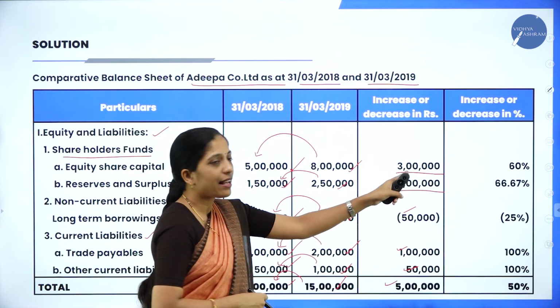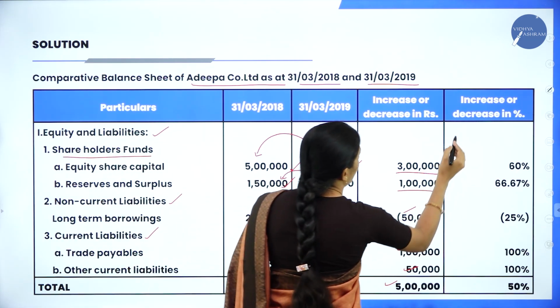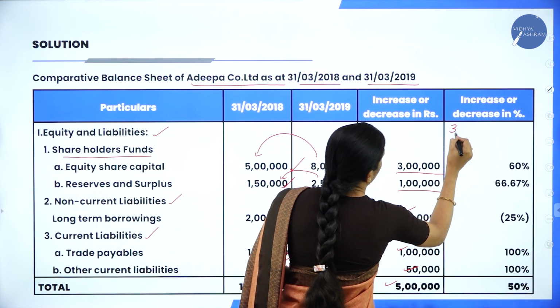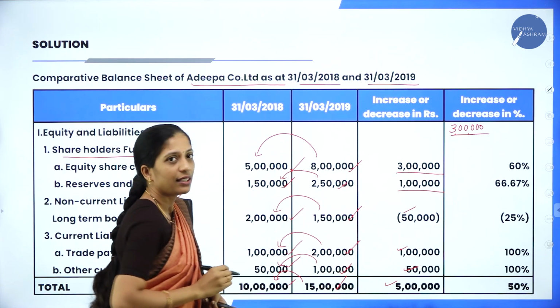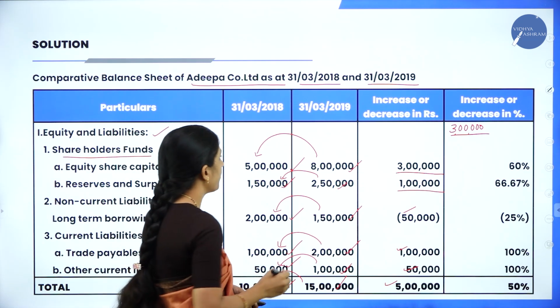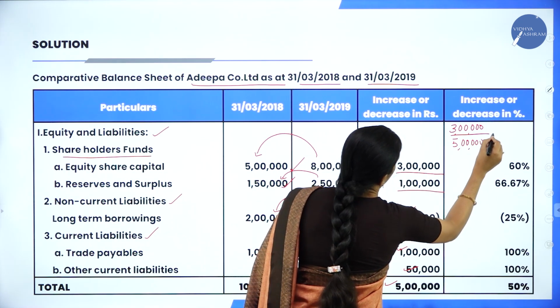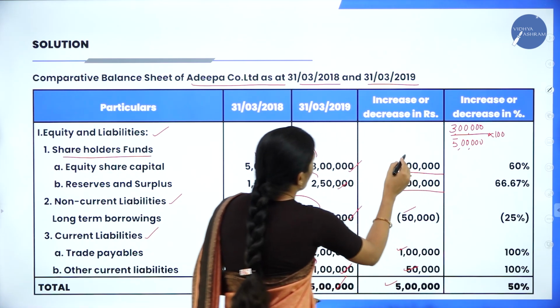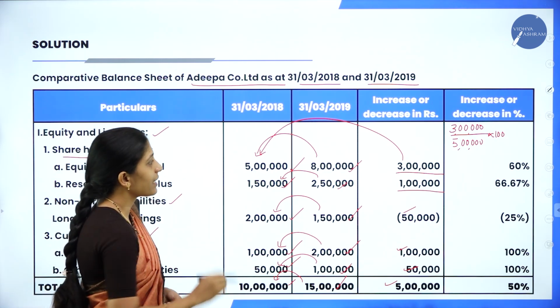Now come to the last column, increase or decrease in percentage. How do you get the 60%? This third column, 3 lakh, divided by this column, that is your second column or first column. So, 3 lakh divided by 5 lakh into 100. So this divided by this into 100, you will get 60%.